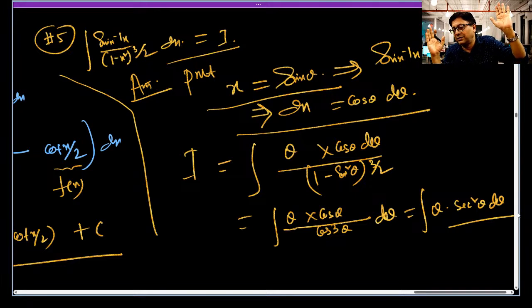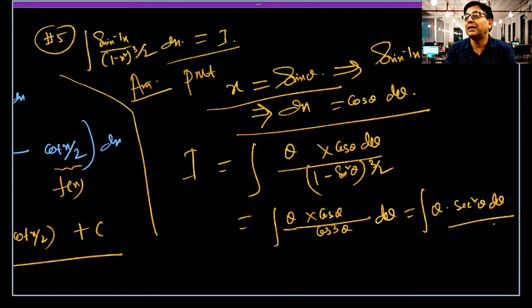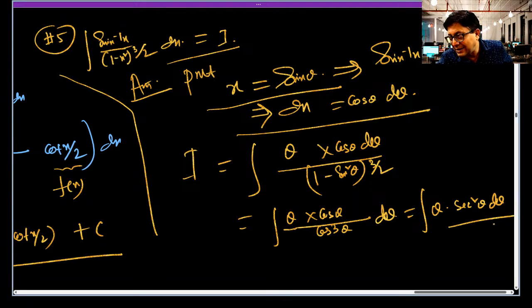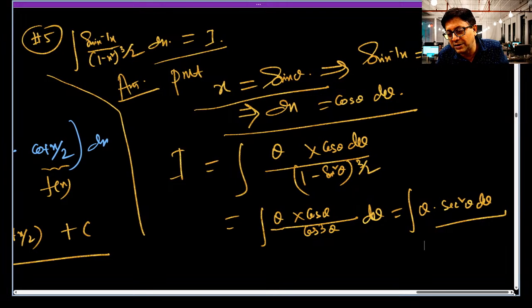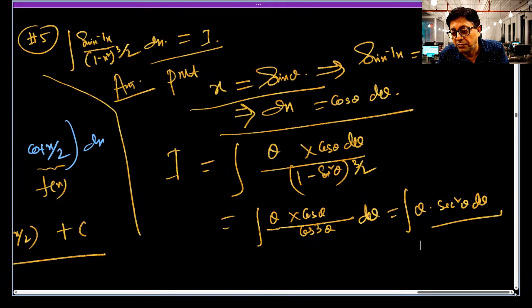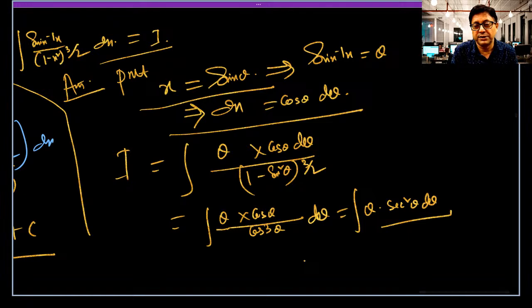Go by parts. Which one to be first, which one to be second? Sec square theta can be integrated, take that as second. Theta can be differentiated nicely, so take theta as the first one and complete the sum.